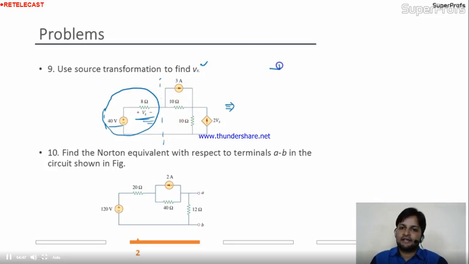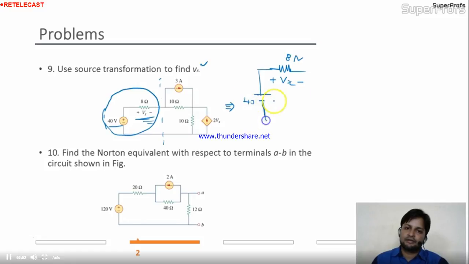So your final circuit is, I'm drawing over here. This is 8 ohm. Is it okay? This is Vx like this, and this is 40 like this. Is it okay?